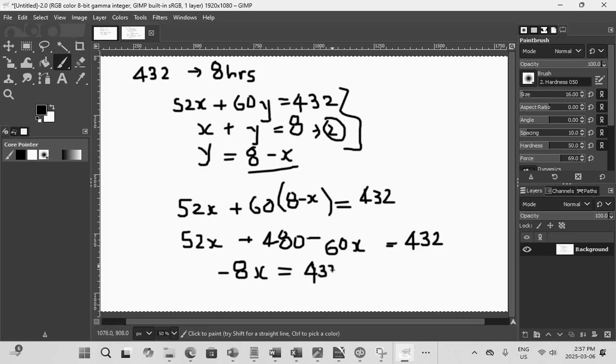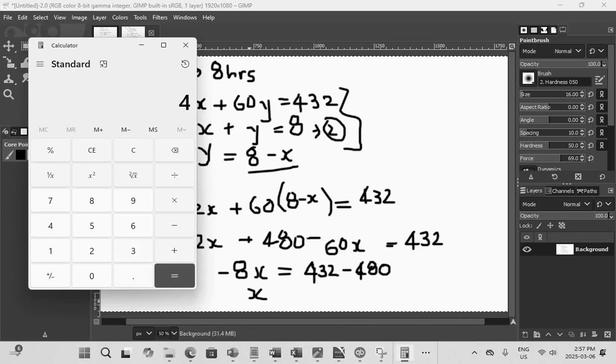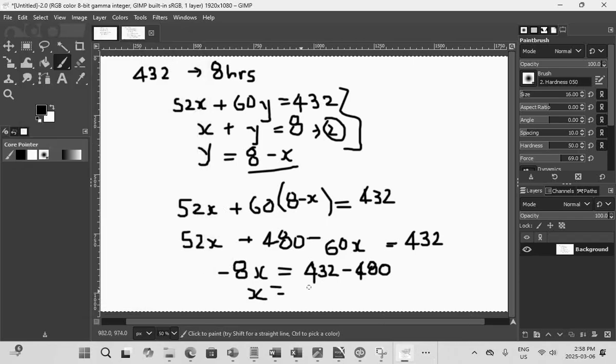So x will be 432 take away 480, which is negative 48, divided by negative 8. Negative, negative cancel out, which means x will be 6 hours. So now we know that the first leg, where the individual was traveling 52 miles per hour, took about 6 hours to complete.